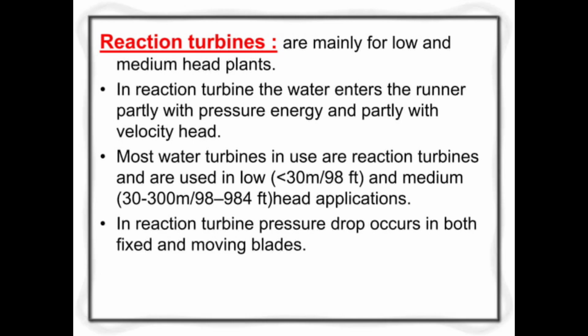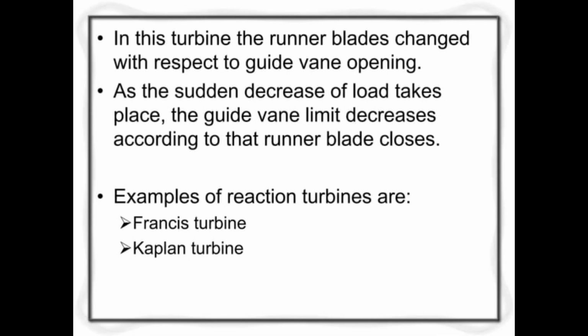In a reaction turbine, pressure drop occurs in both fixed and moving blades. In this turbine, the runner blades change with respect to the guide vane opening. As a sudden decrease of load takes place, the guide vane opening decreases and the runner blade closes accordingly.